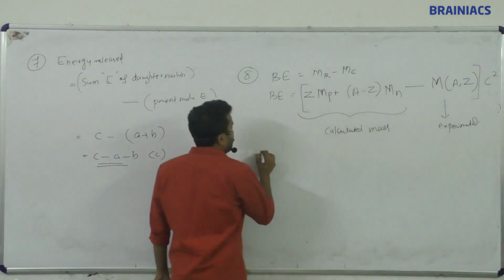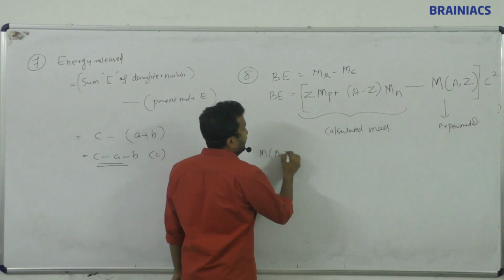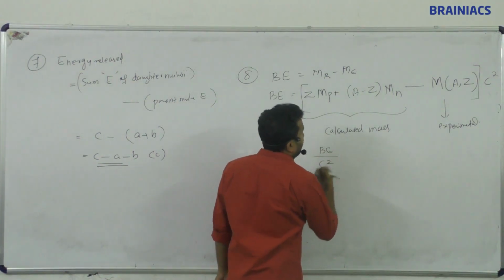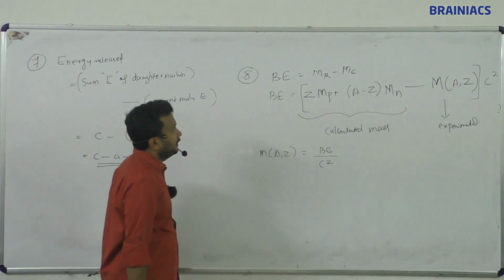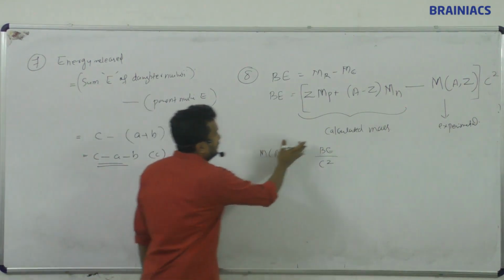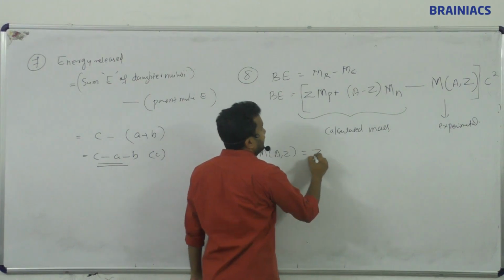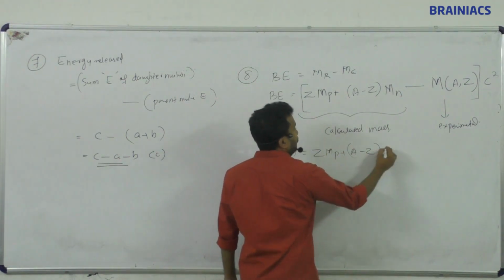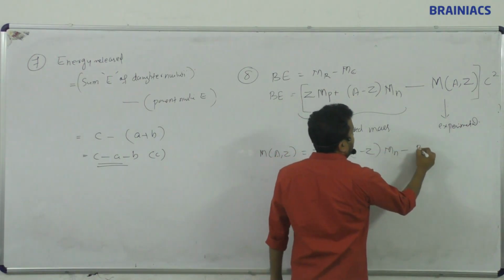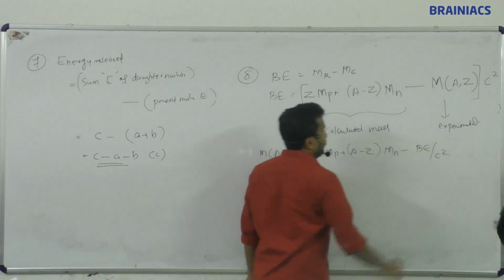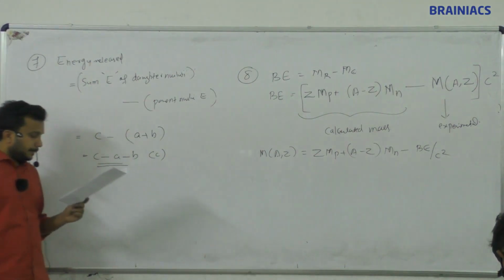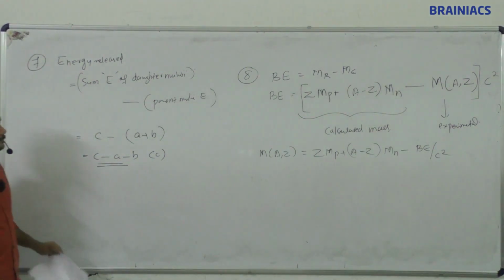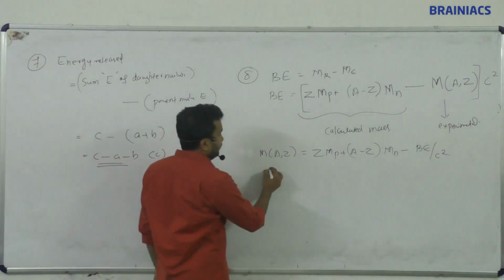They are asking for the experimental mass. So M(A,Z) equals total mass minus binding energy per c square, so it is opposite: Z Mp plus (A minus Z) Mn minus binding energy by c square. Option A.